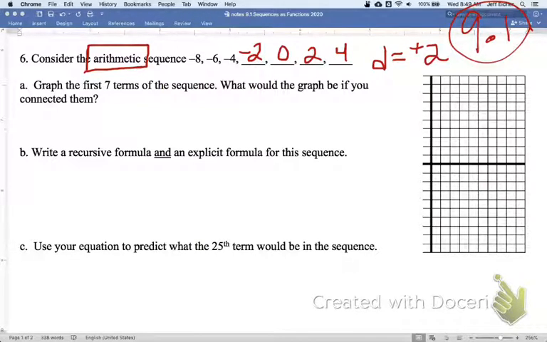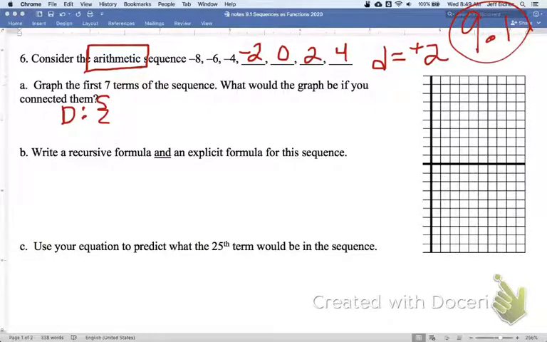So question A says, graph the first 7 terms: 1, 2, 3, 4, 5, 6, 7, so we have all 7 terms. What would the graph be if you connected the dots? Well, just to review from the previous lesson, the domain is the counting numbers, the natural numbers.